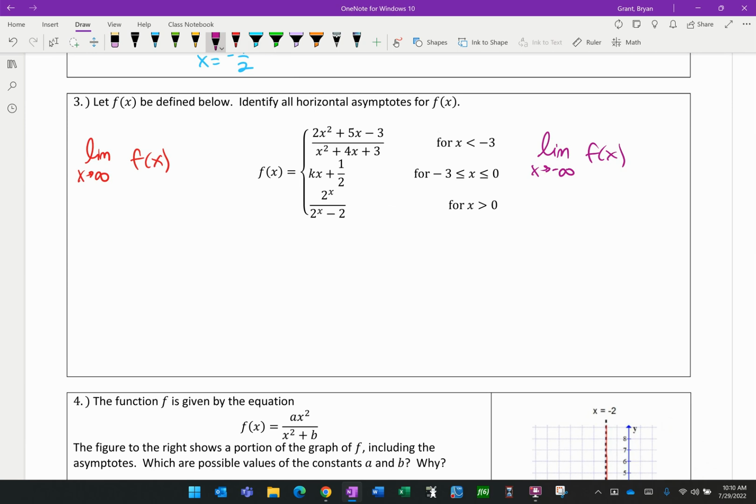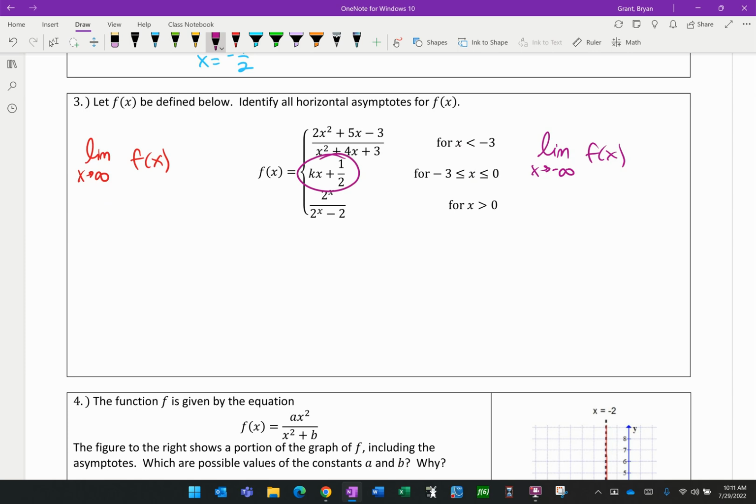So to positive infinity of f of x, we need to look at the three pieces or branches that make up the piecewise function and decide what's in control for really big x values. Well, this rational function is in control for x values less than negative 3.